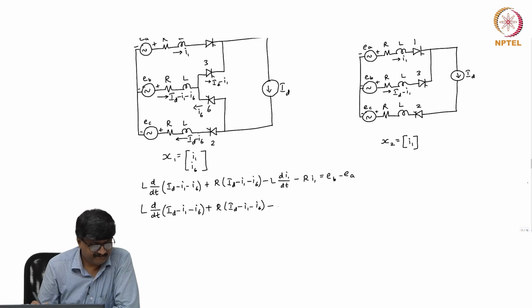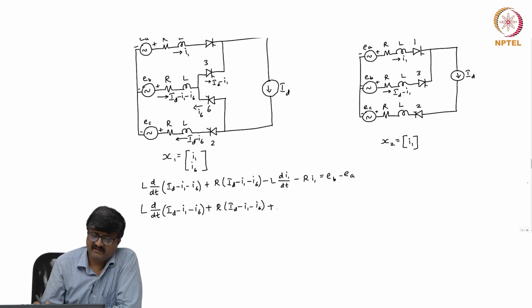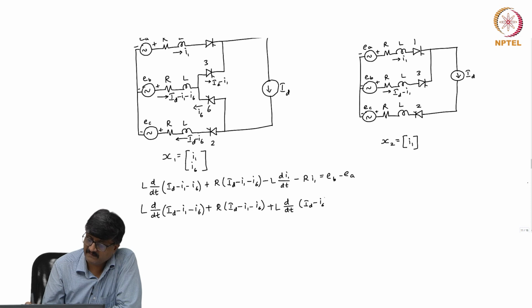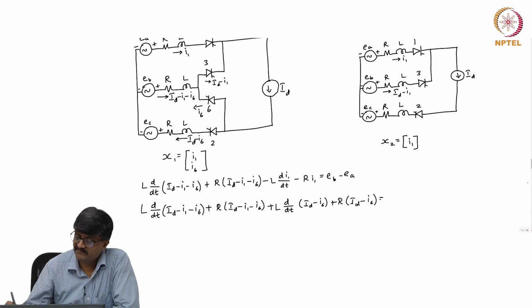So, minus, okay, I have shown the current as entering the positive terminal of E C. So, this is plus L d by dt of I d minus I 6 plus R into I d minus I 6. So, this is equal to E B minus E C.